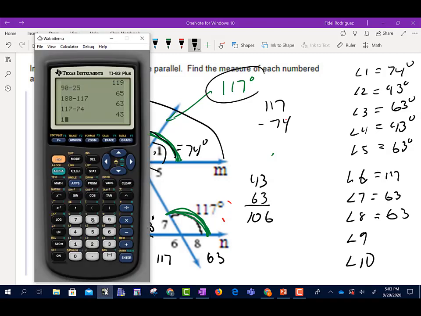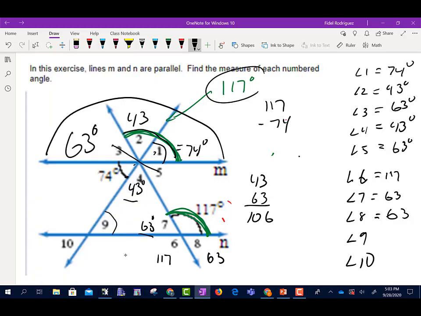So if I say, what's 180 minus 106, that's going to give me 74. So this angle right here is 74 degrees. Okay. Well, if that one is 74 degrees, that's a vertical angle to it. That's also going to be 74 degrees. Okay. And we found the measures of all our angles.